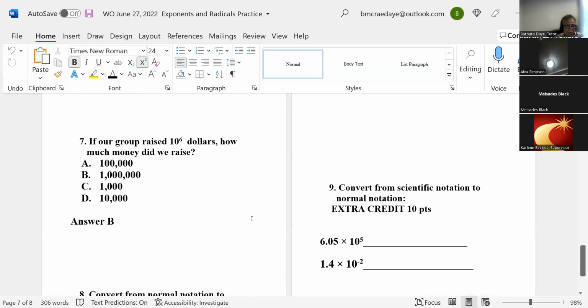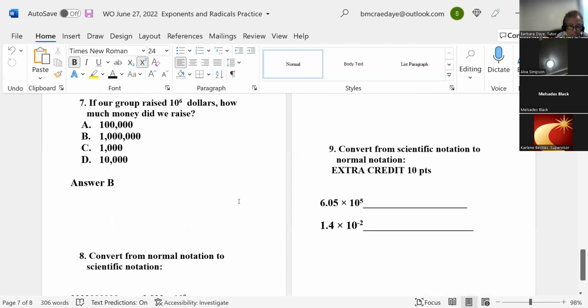Now, we have one more on this number 9. In number 9, we went from scientific notation to normal. We want to go from 6.05 times 10 to the 5th, and we want to write it as the normal number. What would this look like, Alba? That means we had 605.